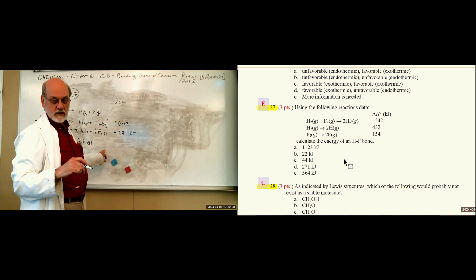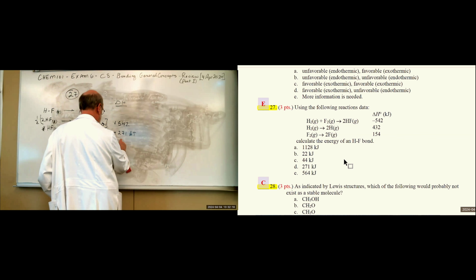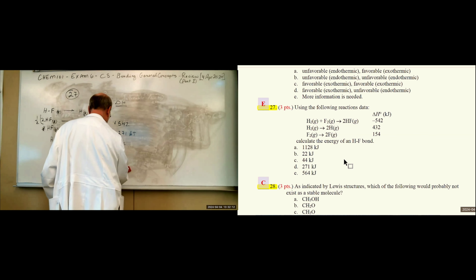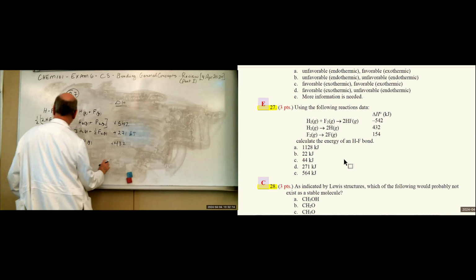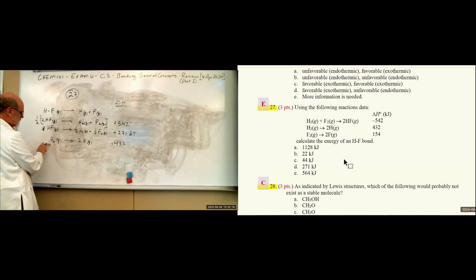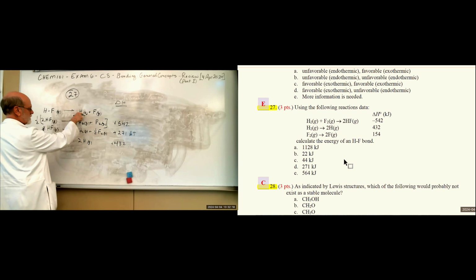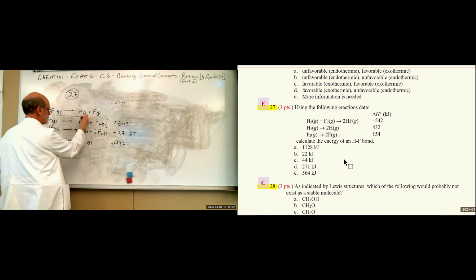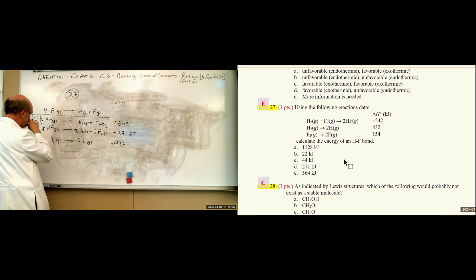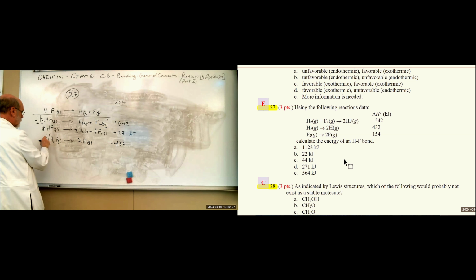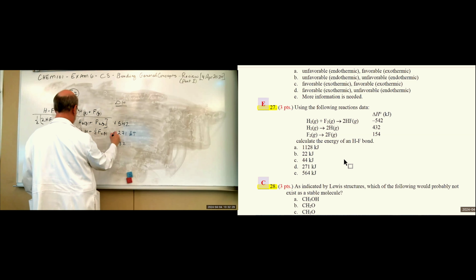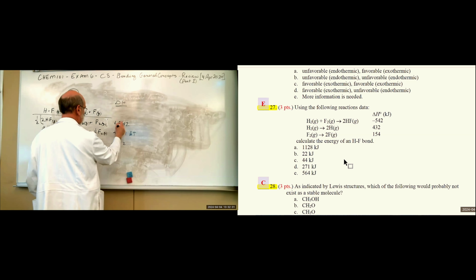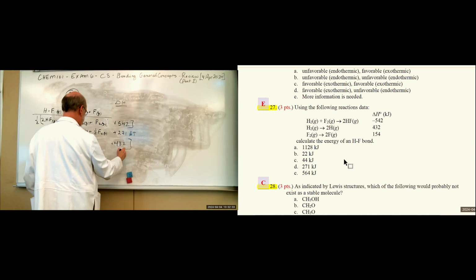And that value is 432. Right? But we only need one of these, right? One of those. This is our target. We only need one of those, so we need to do 1/2 of this one also. Should have put this over here. Put 1/2 of that one.